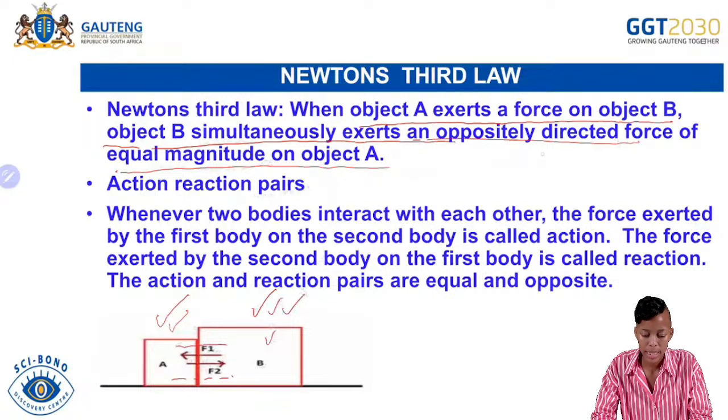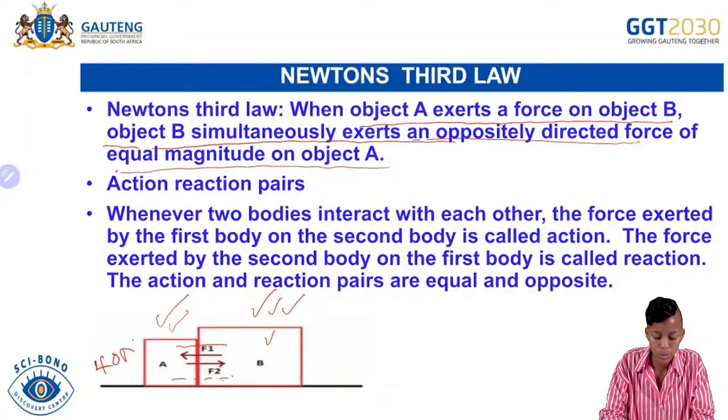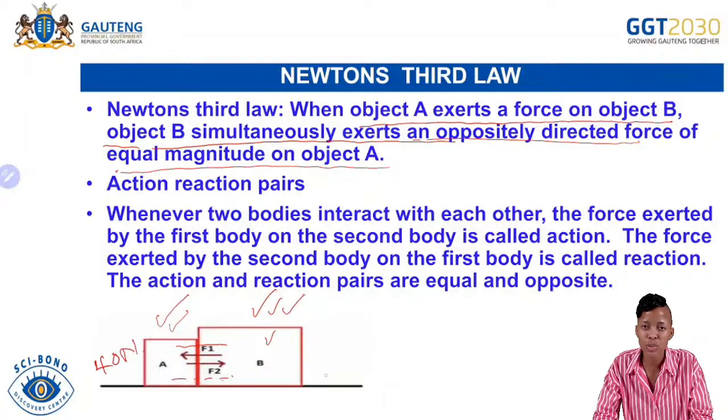It says that it simultaneously exerts an oppositely directed force of equal magnitude on object A. So equal magnitude means what? It means that if object A exerts a force of, for example, 40 Newton on object B, then object B will also exert a force of equal magnitude.